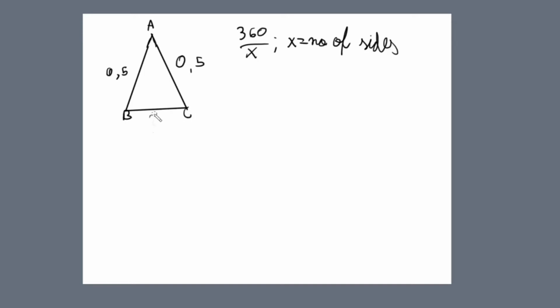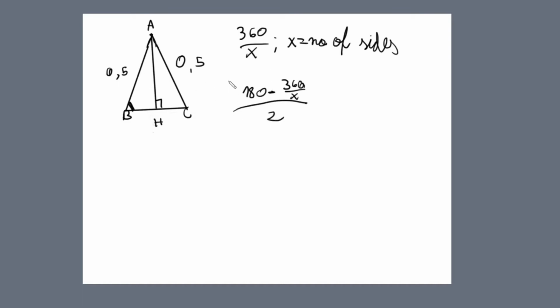I'm going to delete the question mark because we need it for later. Good. And I took the perpendicular from A to BC, this is perpendicular, and named it H. Good. Now, how much is this angle? That angle, my friend, is 180 minus 360 over x, which is this entire angle, all over 2.